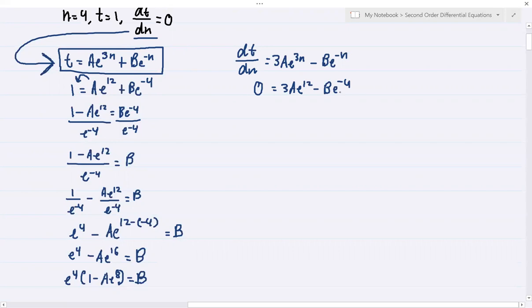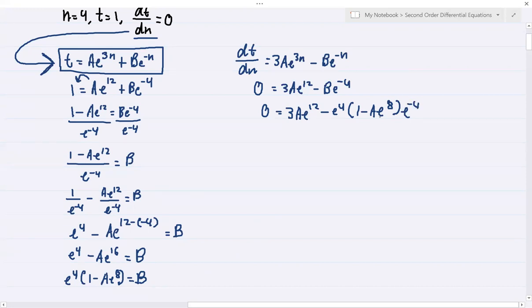Now we can substitute your b. So we will have 0 is equal to 3a times e raised to 12, minus e raised to 4 times quantity 1 minus a e raised to 8, times e raised to negative 4.